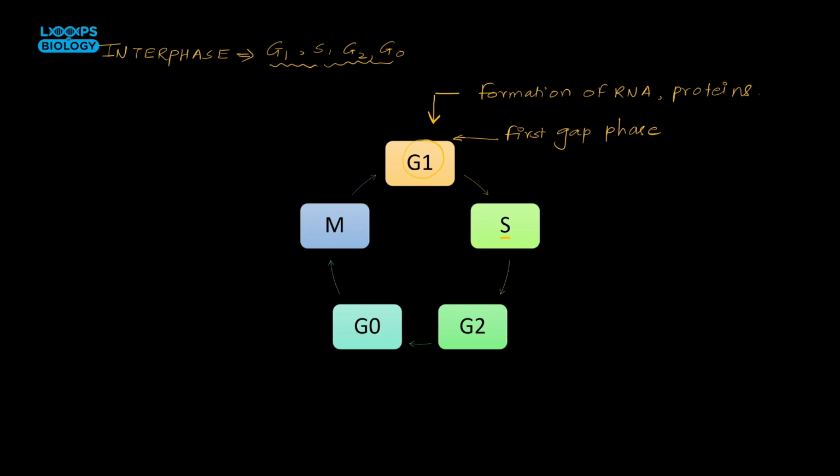After the proteins are formed, the cell is going to grow, and as we have seen, the organelles are going to double. This is your G1 phase.